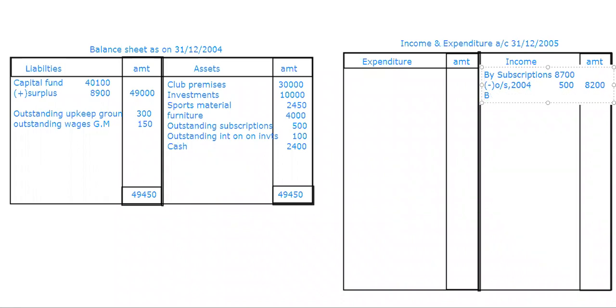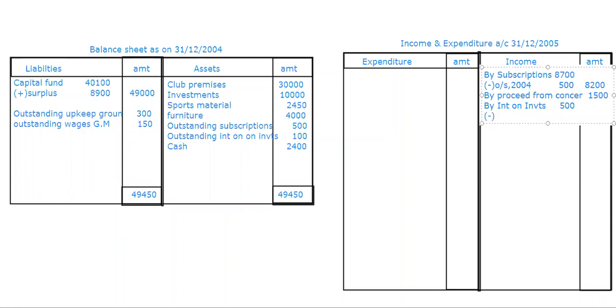Then I have, without any adjustment, by proceeds from concert, which is 1500. Then by interest on investments, which is 500. And here he gave last year's and current year's.